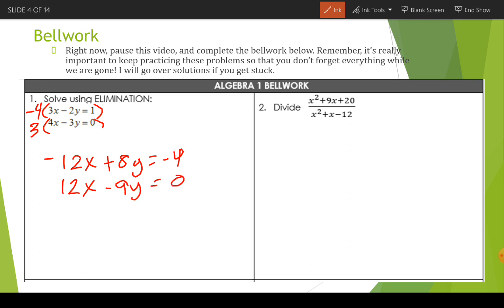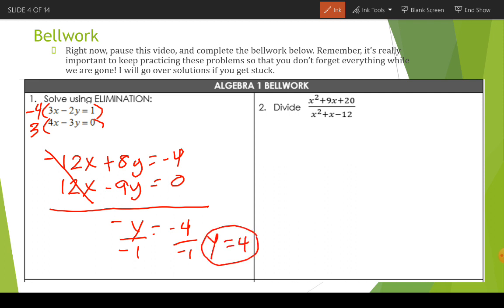Now the value in front of x is -12, and the value in front of x on the bottom is 12. Same number, opposite sign. So our -12x and +12x cancel, and I'm left with -y equals -4, and I solve for y by dividing by -1.